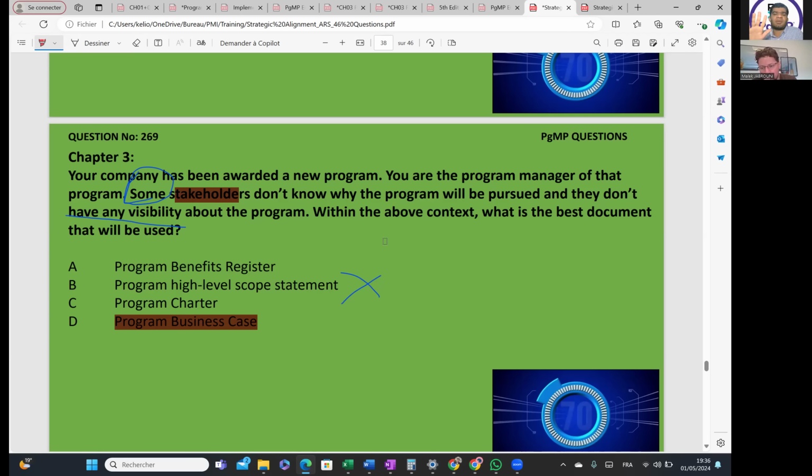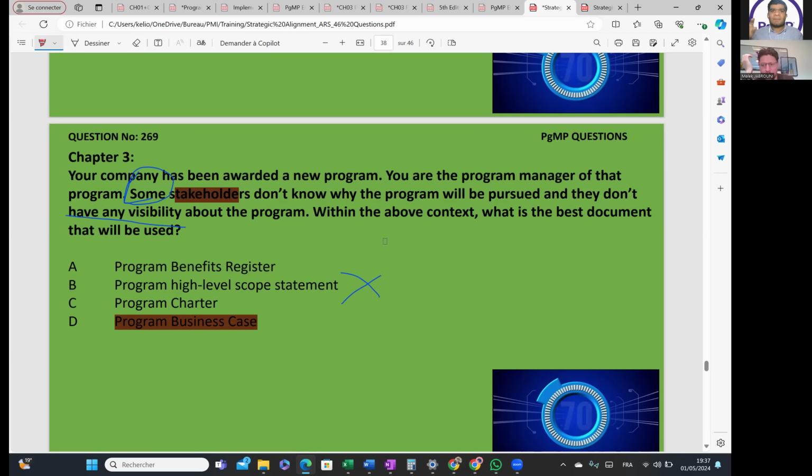The only sufficient information for you would be that this is a sugar mill or this is a rice processing plant that is being built. That's all the information you need to know as a generalized stakeholder. You don't need to know when this project will be finished, what will be the cost, what were the alternative solutions, what is the charter, what are the actual benefits, what is the benefit register, how many activities. You got the point?